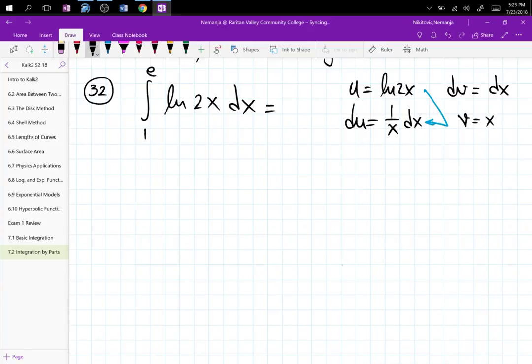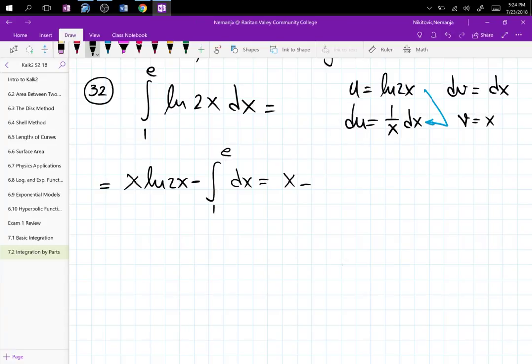So now what I have is x ln 2x minus the integral of x dx. So the limits are 1 to e, yes.